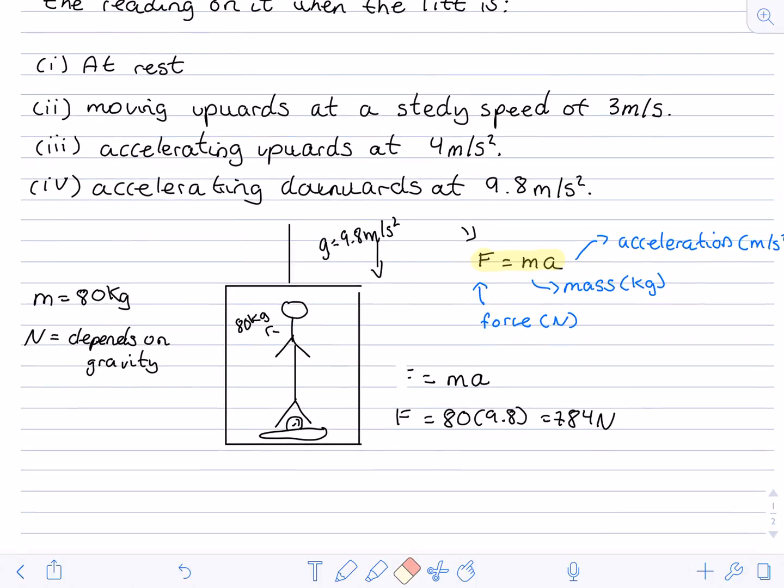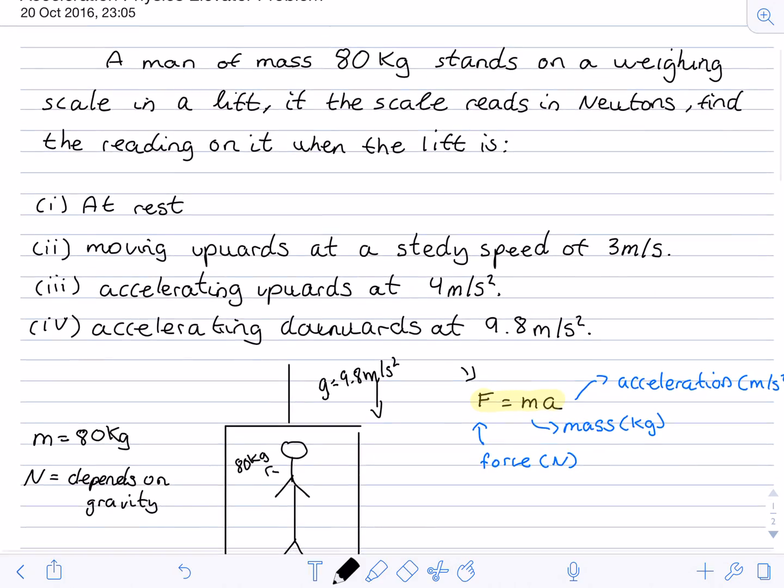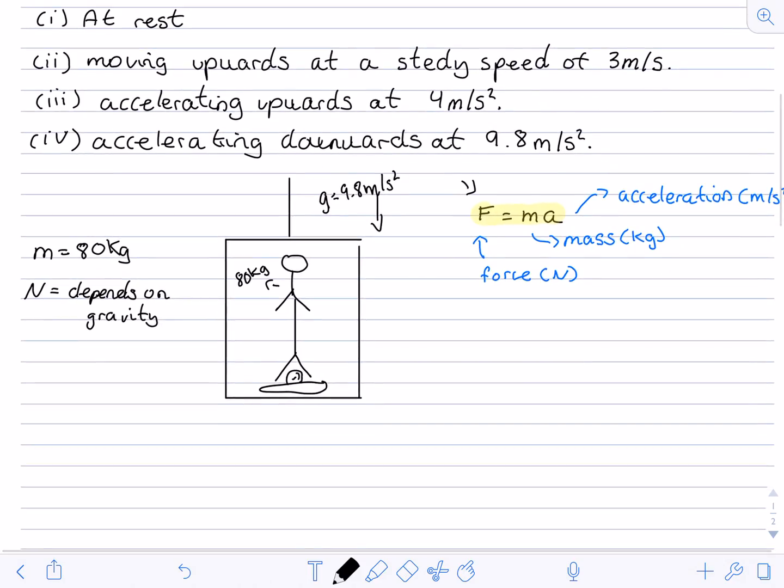If it's moving upwards at a steady speed, no matter how quick it goes, even if it's going at 800 meters per second, which is really quick, he won't experience any change in gravity, and he wouldn't even notice if there wasn't any shaking or sound or windows. He wouldn't know he was moving, okay?